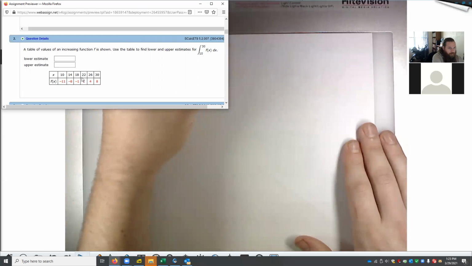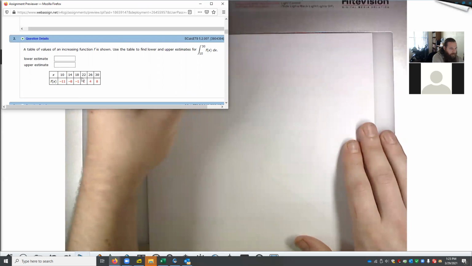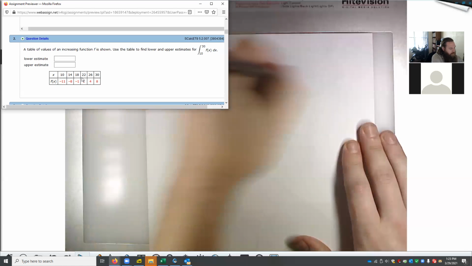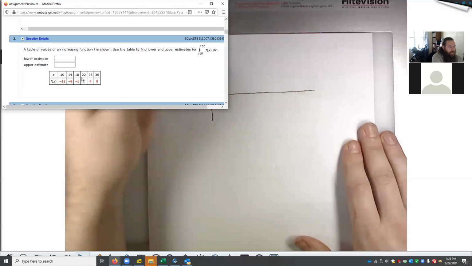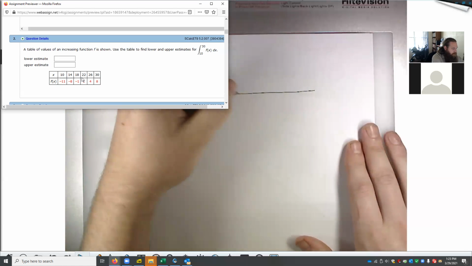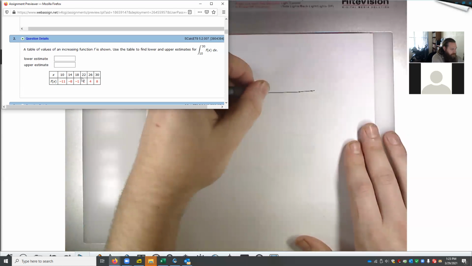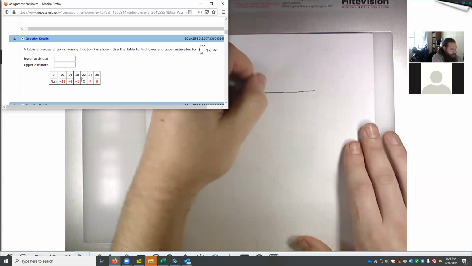Those run from 10 to 30 and the y values are mostly negative. So I'm going to come out here. I'll just call this 10. And then we've got 14, 18.